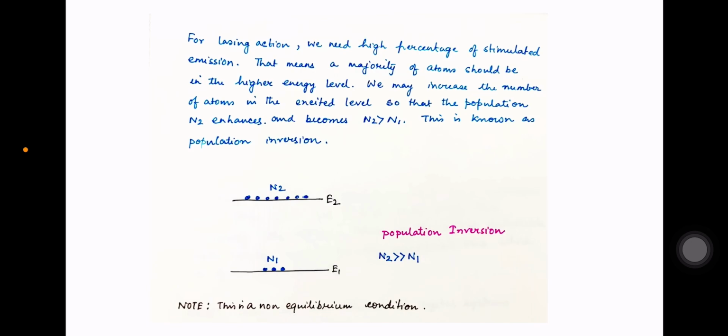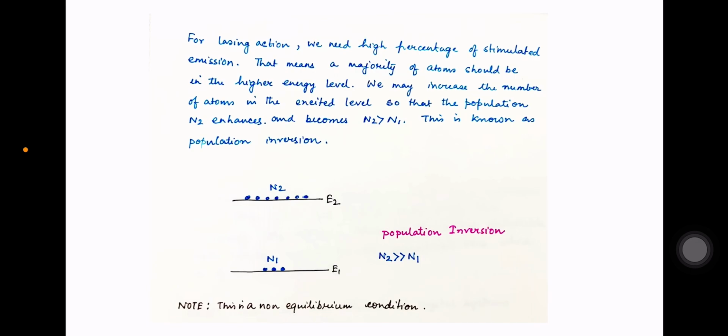But remember, in this process, atoms make downward transitions from the E2 level to the lower energy level. So at some point of time, the population of the lower energy level becomes equal to or larger than that of the excited level.